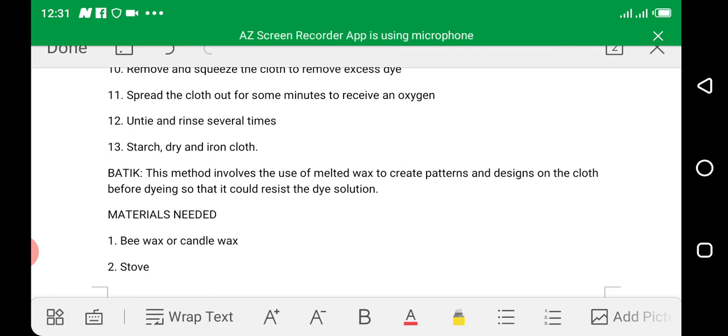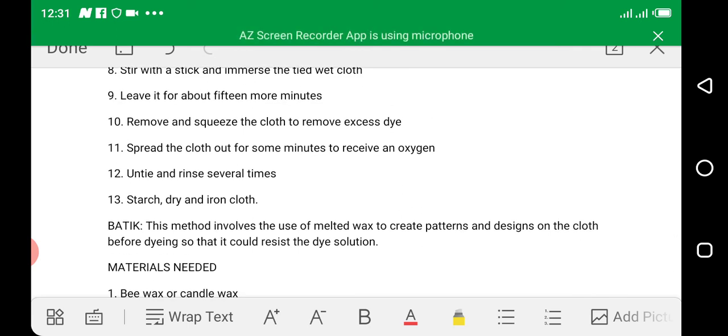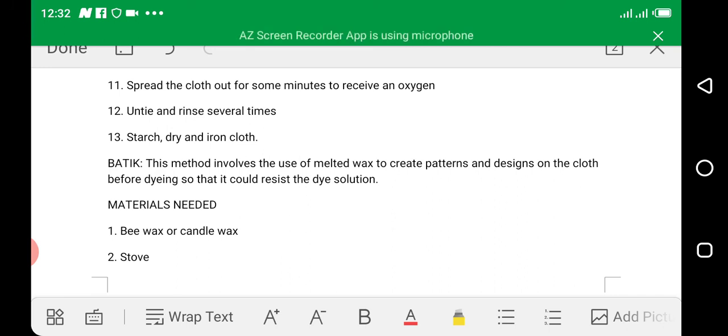For tie and dye, if you remember very well, the area you pleated, stitched, marbled or knotted are the areas that will be restricted from absorbing the dye solution. But in the case of batik, the area that the melted wax is printed on is the area where the dye solution will be resisted.